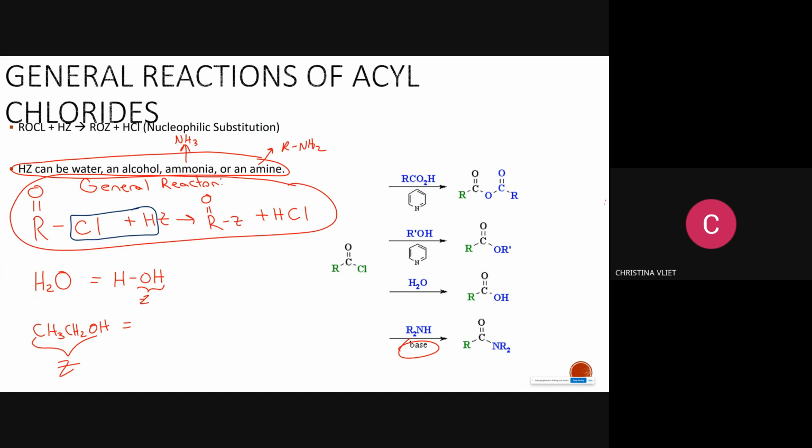So if you understand the type, it's going to be less to memorize. So I'm giving you a little bit of time to do that, and then we're going to move on to hydrolysis. This is actually a hydrolysis reaction, also a hydrolysis reaction if it's water.